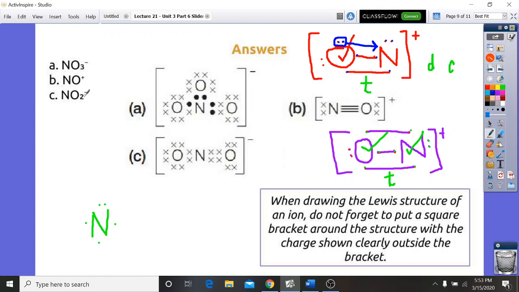And keep in mind, there's definitely going to be a minus added here, meaning an electron added into the molecule. But first, let's just draw it like we normally do and then see what's going on. I'm going to pair these and I'm going to pair these. And now I'm going to just take this one and pair it here.